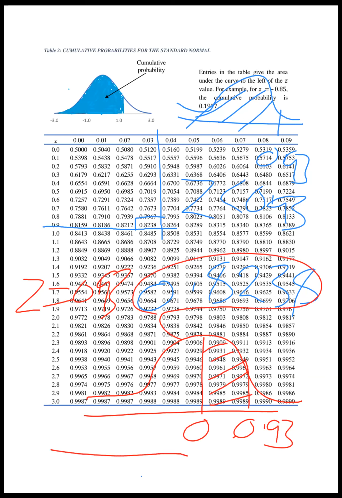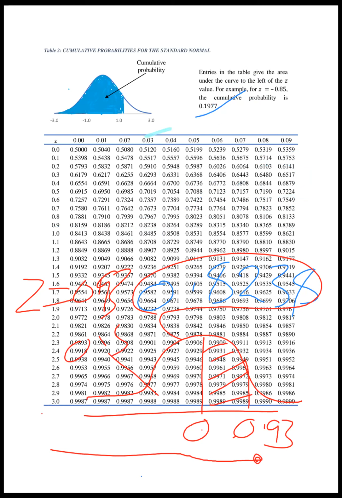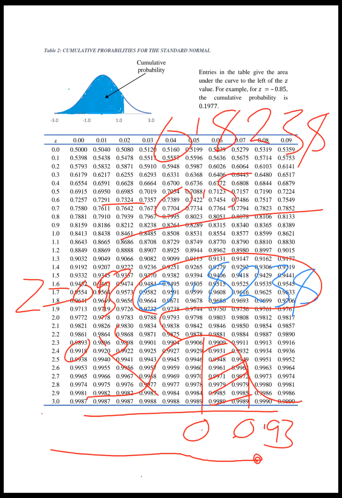Since we already know that the area from negative infinity up to 0 is 0.5, we can simply subtract 0.5 from this number. 0.8238 minus 0.5 gives us the area equal to 0.93.